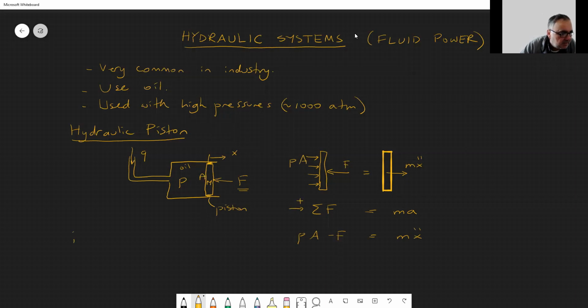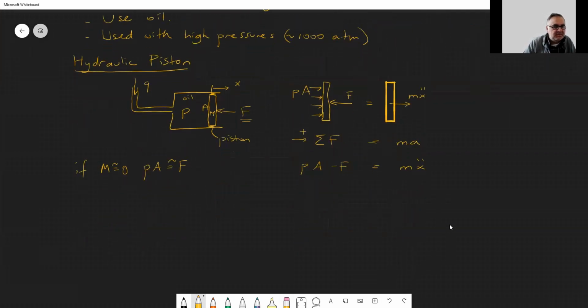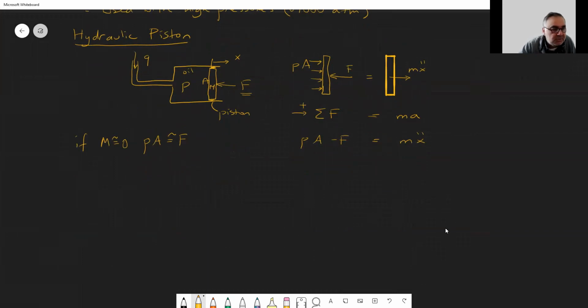And if m is approximately 0, which means that it is small, you can say that PA is approximately equal to F. Okay, so this is the force balance.